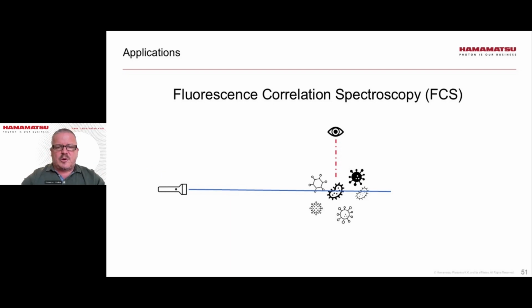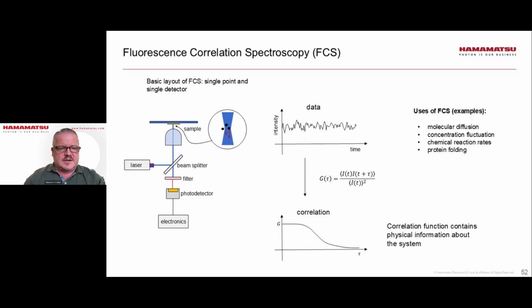Let's now go to fluorescence correlation spectroscopy. So this is a technique that can be used to study, for example, molecular diffusion, concentration fluctuations, and others. The basic idea is that I'm going to focus light on a small volume in my sample and simply measure intensity variations of the detected light from that volume.